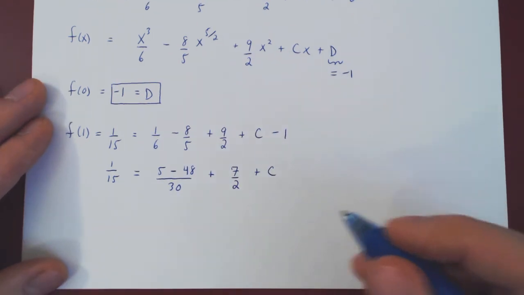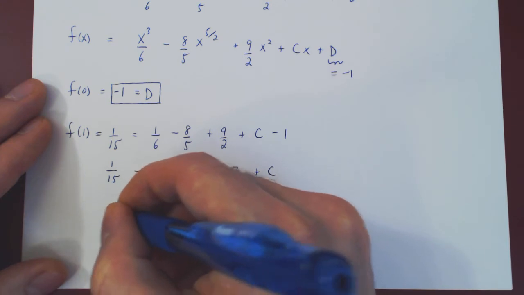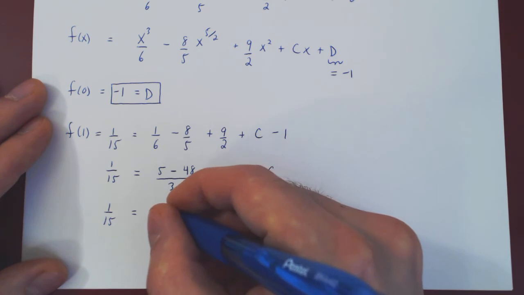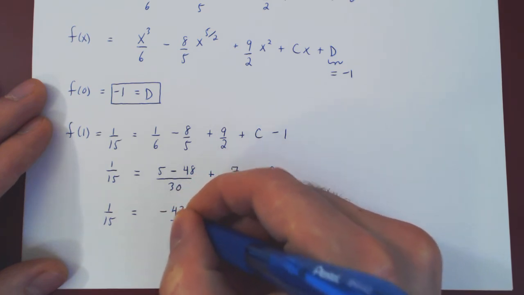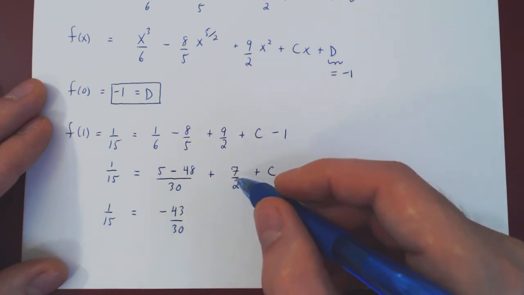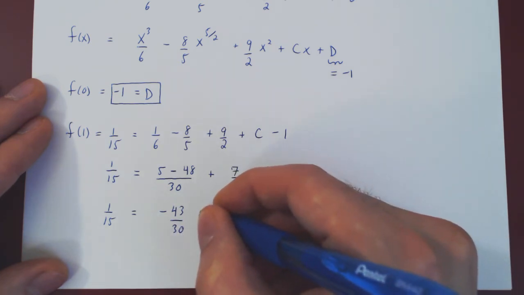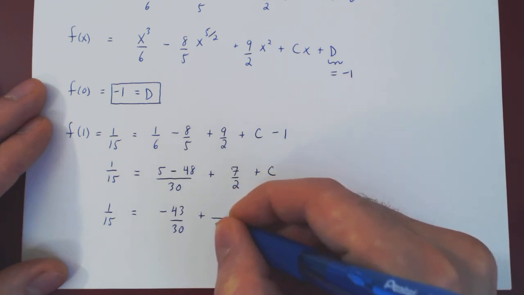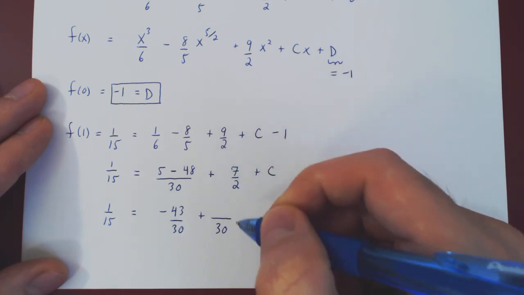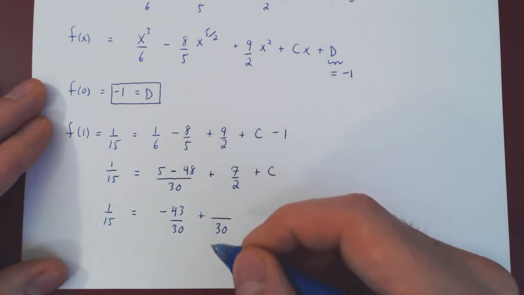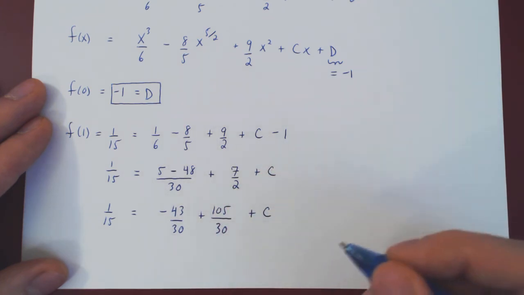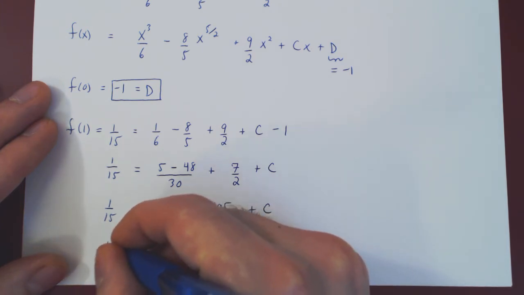So 1 over 15 equals 5 minus 48, that's negative 43, over 30. Let's put the 7 over 2 over 30 as well, so times 15 over 15. 7 times 15, well, 7 times 10 is 70, 7 times 5 is 35, so it gives you 105. Plus, of course, c.